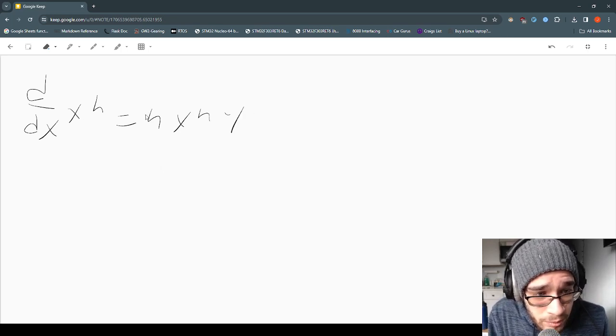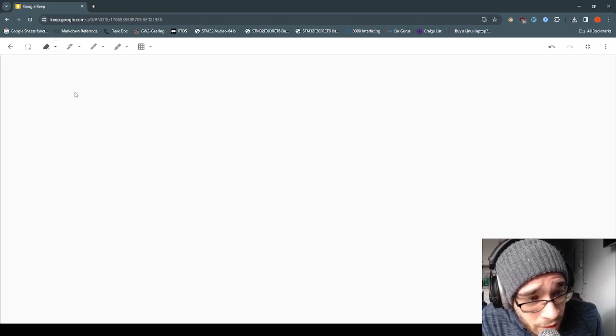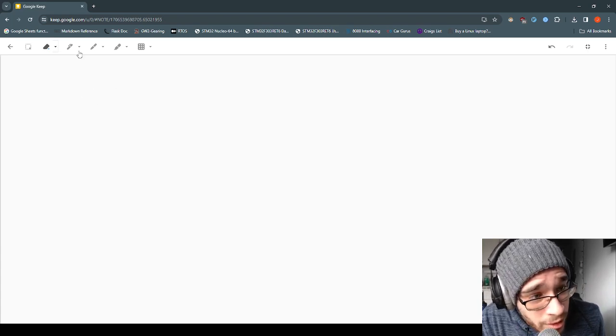But we tend to just start doing examples of this, and then we just kind of fill in the blanks. It's just plug and chug, essentially. Well, today I want to look at the proof of why d/dx of x to the power of n is actually equal to n times x to the power of n minus 1. Well, I did find something.